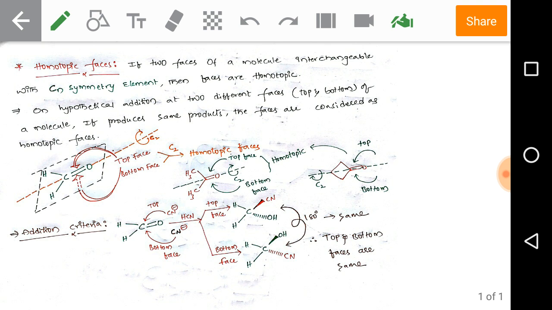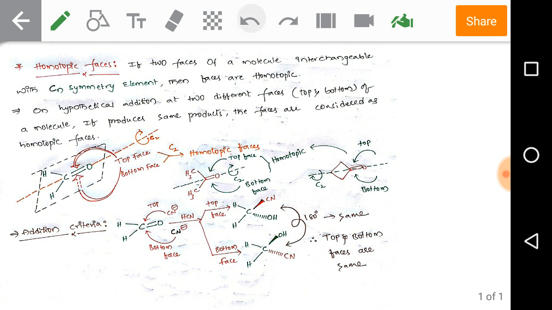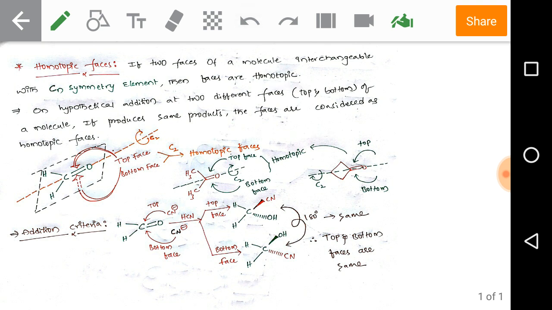faces. Okay, at the same time, on hypothetical addition of two different faces, that means from top side and from bottom side or bottom face of a molecule, if it produces the same products, then the faces are considered as homotopic faces. Okay, just consider here one of the examples to explain homotopic faces. Here consider one keto molecule, and the dotted lines indicate this is a plane on which we have carbon and two hydrogens and one oxygen.